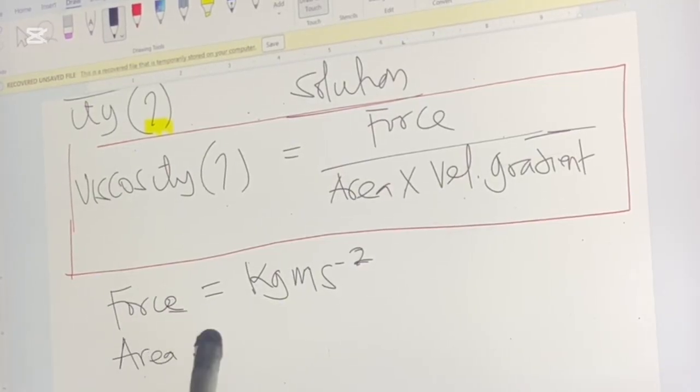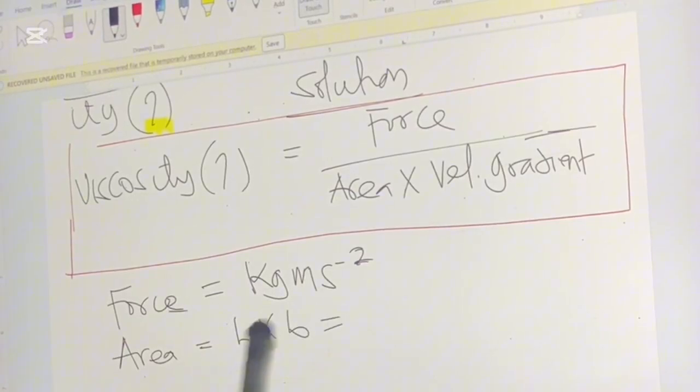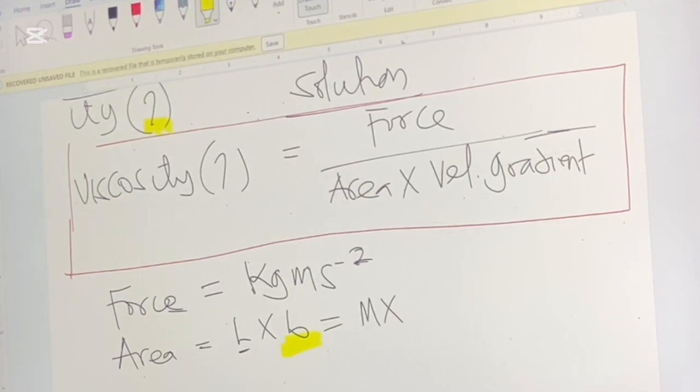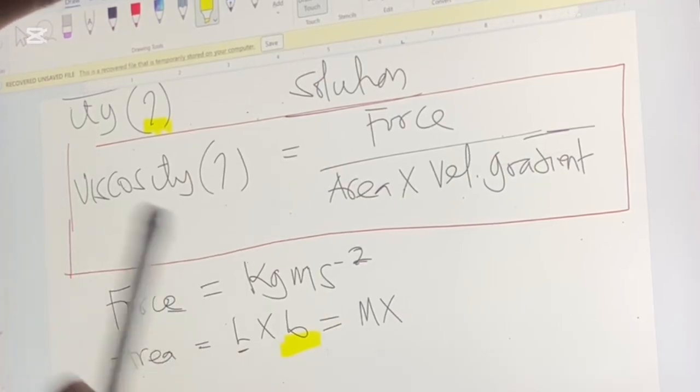Area is length times breadth, and length is a meter, times this breadth here can be classified under meter because it is not mass nor is it time. Please take note. Now for those confused, all you have to do is to watch part one of this video before you can understand this particular solving. So the next is to express breadth as meter.